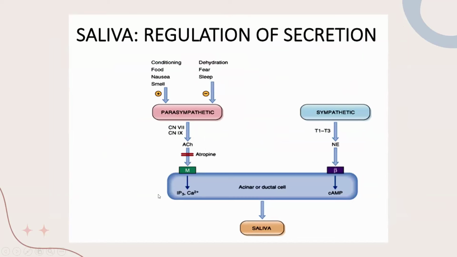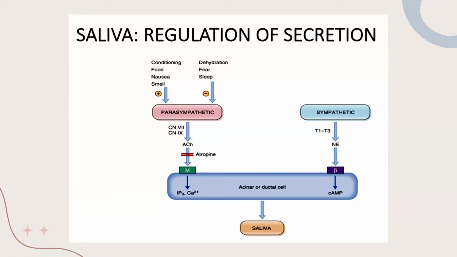Now, this, as we explained, causes increased saliva excretion. What if we block this receptor using a drug like atropine, for example? What will happen? Less saliva will be excreted.